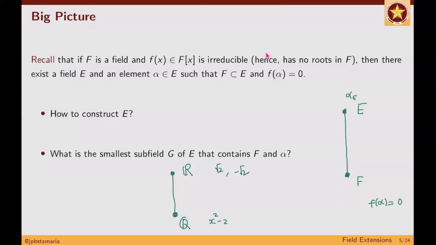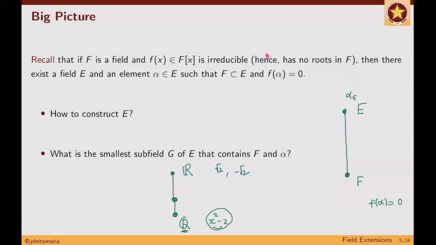So sa context ng R tsaka ng Q, this is what we're going to do. Ano yung pinakamaliit na subfield ng R na just enough or just of the right size na magko-contain sa Q tsaka sa mga roots ng x squared minus 2? So I just want a field that is not too big.